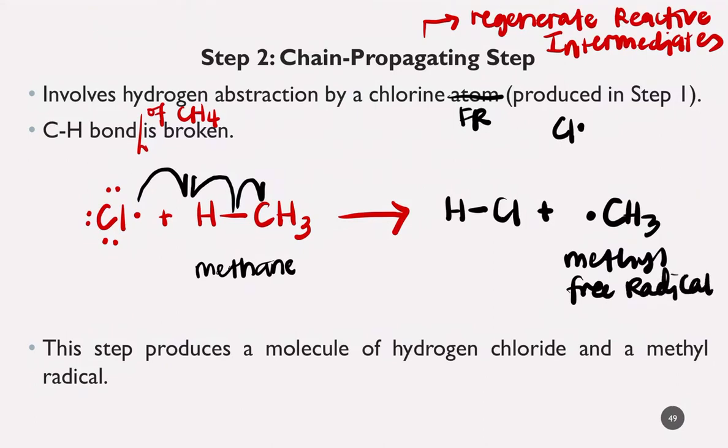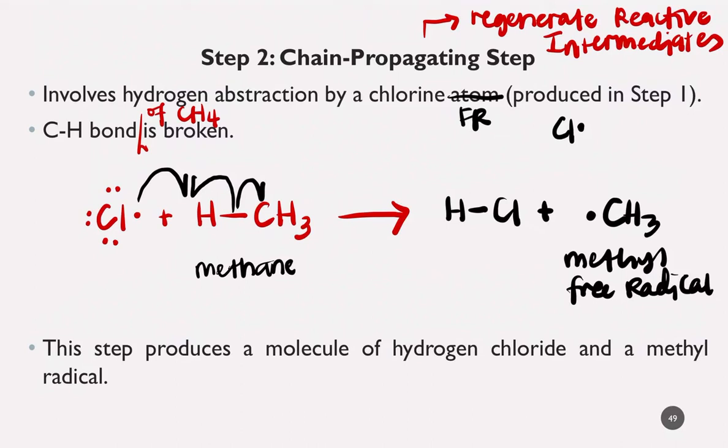So sekarang kita ada methyl free radical dah. Alright, so this step produces a molecule of hydrogen chloride and methyl free radical. So chain propagating step ni, it doesn't stop here. We will continue making even more to produce more reactive intermediates.